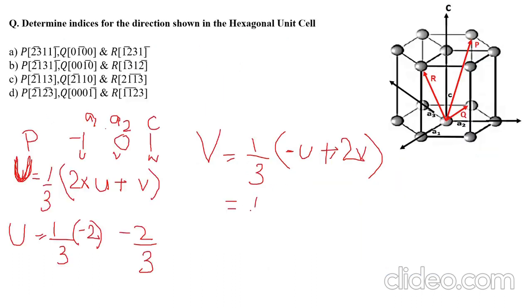So that will be 1 by 3 of 1, because V is 0, so that will be 1 by 3.